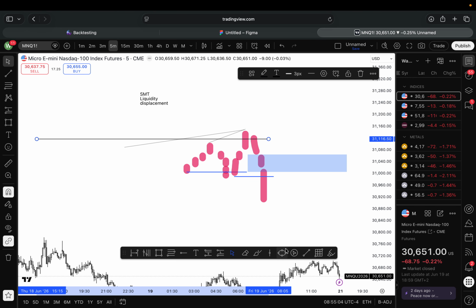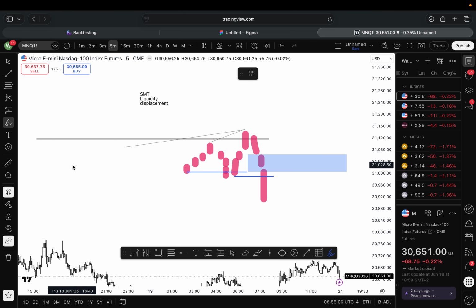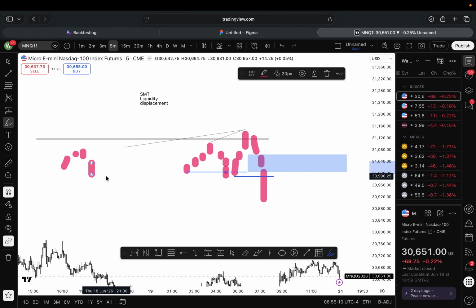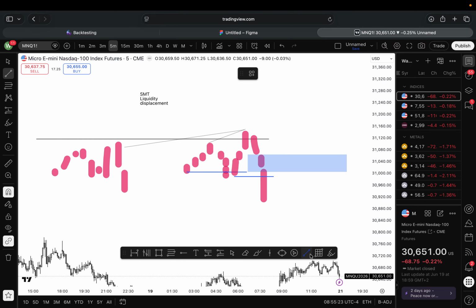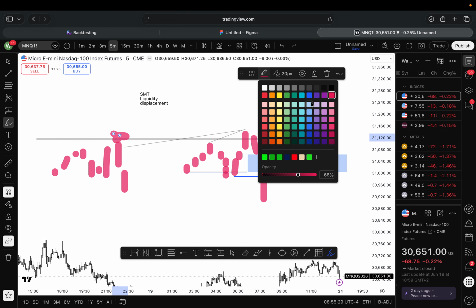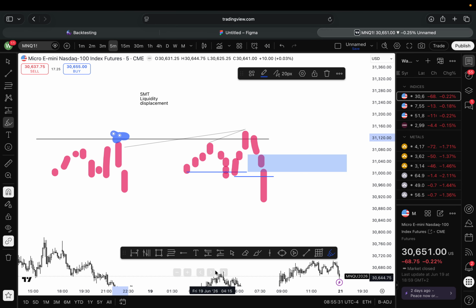Right, where one asset will trade into the high, where another one won't.